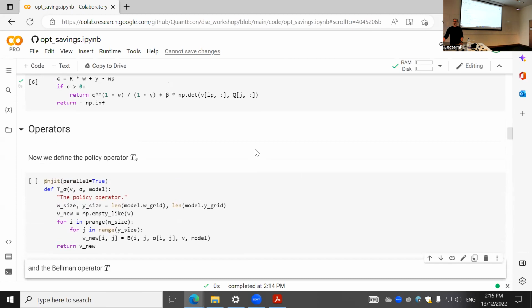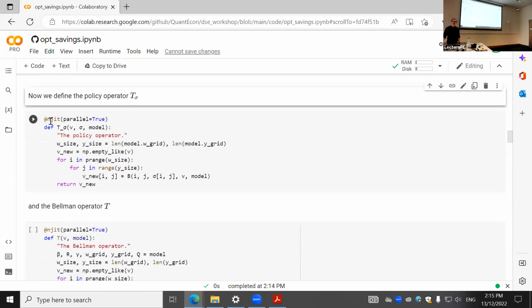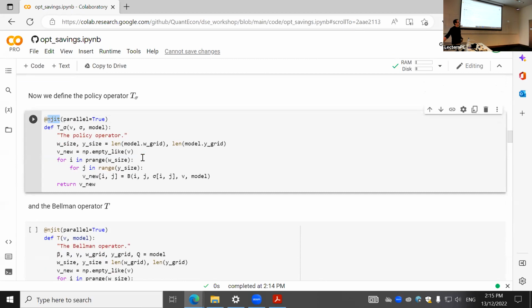I'm going to define these various operators. And you can see that in each case, I'm using this little NJ thing here. So I'm compiling this down to very fast machine code. And you can also say that parallel equals true. So I'm saying that I want this for loop to be parallelized. So when I compute the value of following a policy, I'm going to compute it at each different state, each different x, and that job is going to be parallelized.